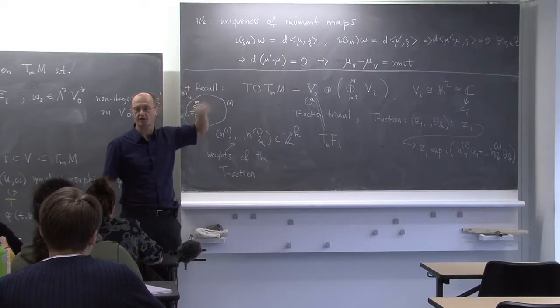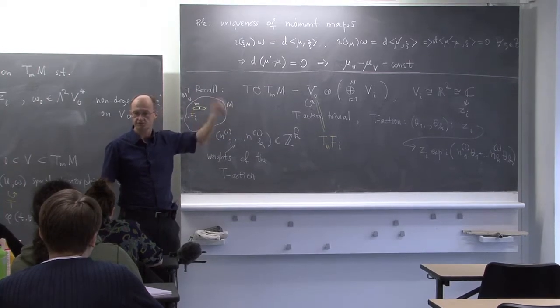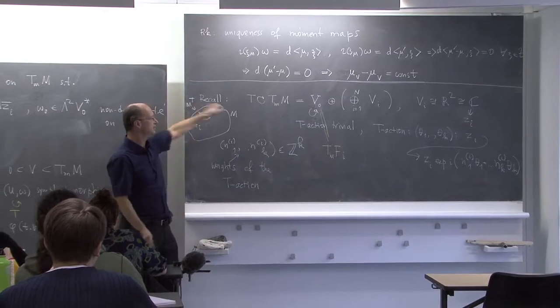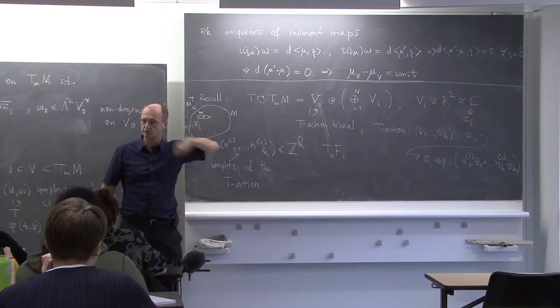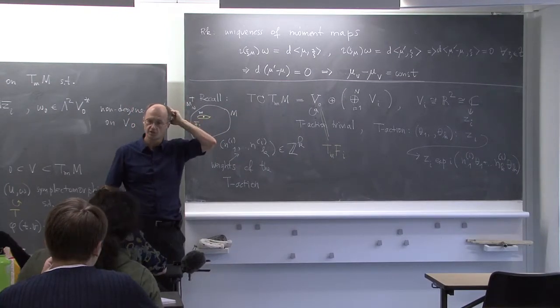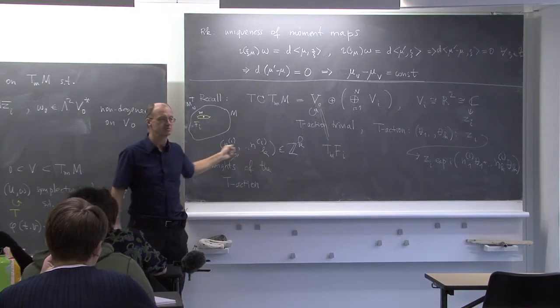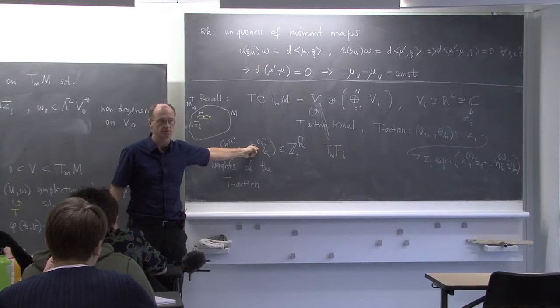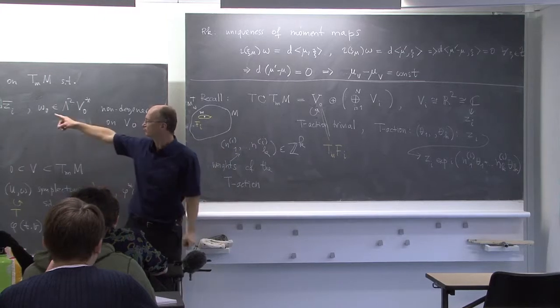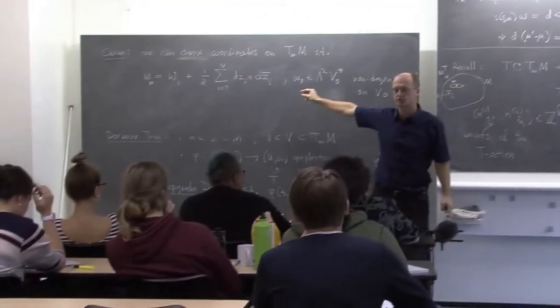Right? So you have an action of your torus. You know that omega is invariant under the torus action. So what may happen with the weights so that this formula perhaps doesn't work so nicely?